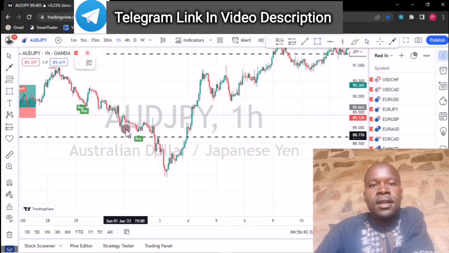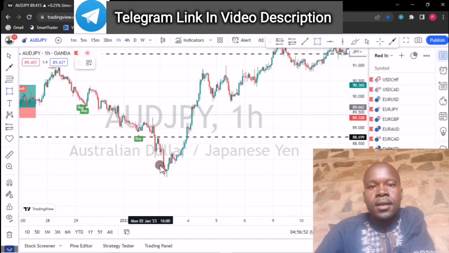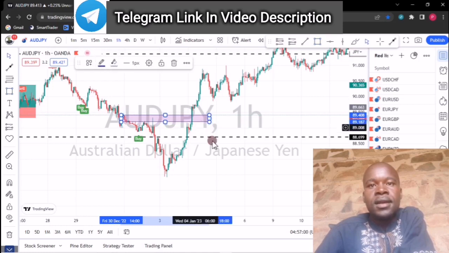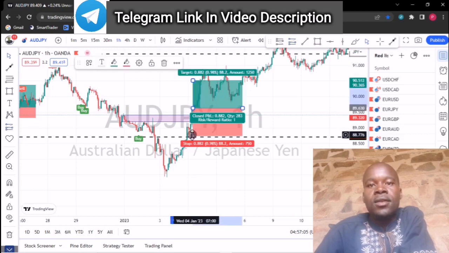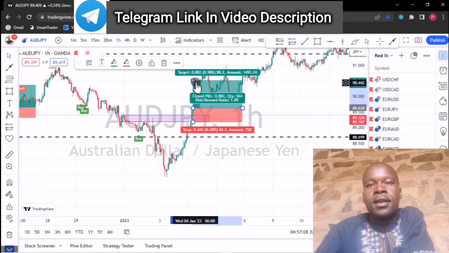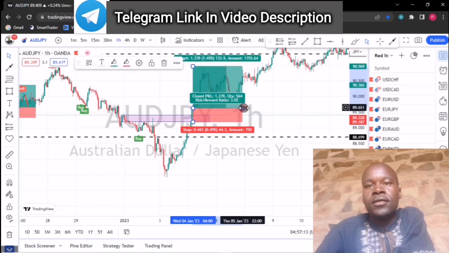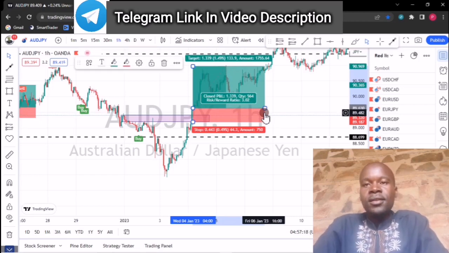Check that trade there. The key level before this, somebody could have said it was this one. Price closed above it. You could have taken your buy there. 1, 2, 3. You could have won this trade. This strategy works. I can go on and on and on.